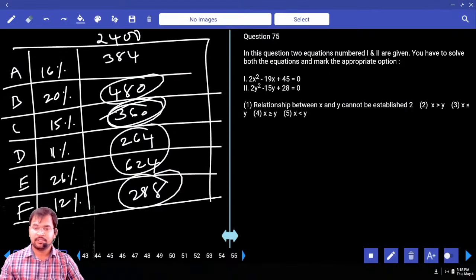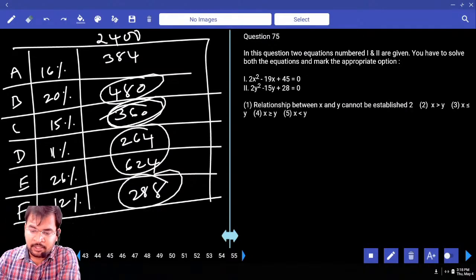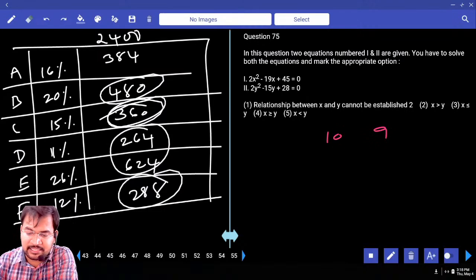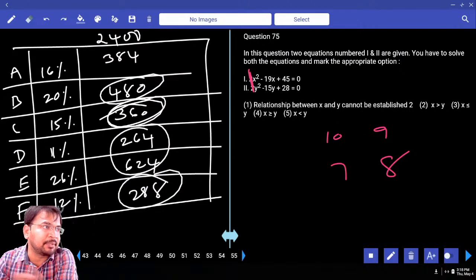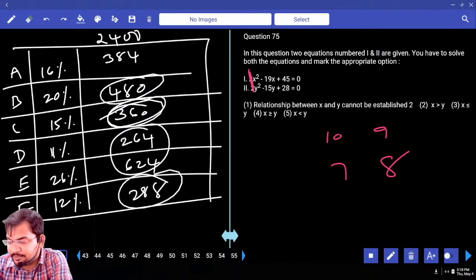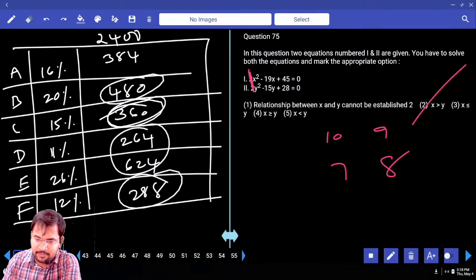Next, 75 only now. So what are the possibilities? 9 by 10, 9 by 10. Next, 56, 7 and 8. The coefficient is the same, so we don't need to verify. Are you clear? So now tell me which one is the answer. X greater than y.